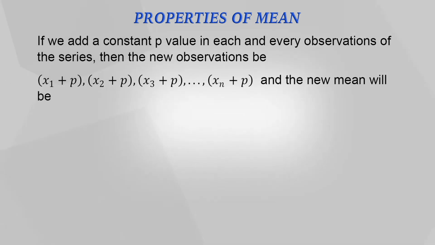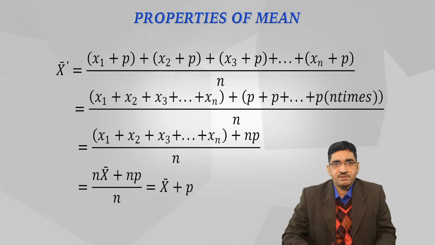The new mean, if we calculate by using the new observations, will be x1 plus p plus x2 plus p plus x3 plus p up to xn plus p, the sum of all the new observations, divided by small n.